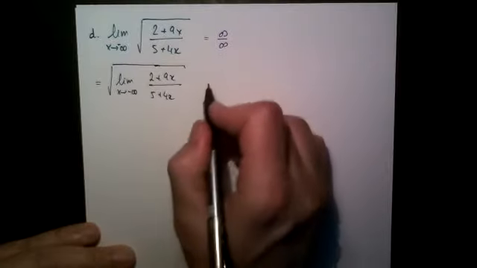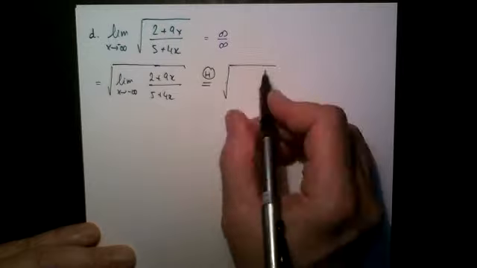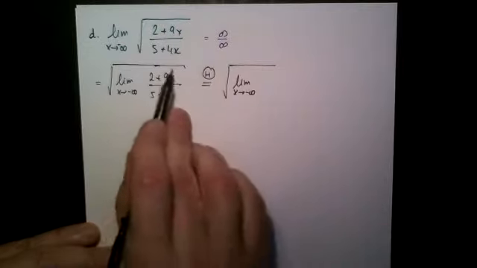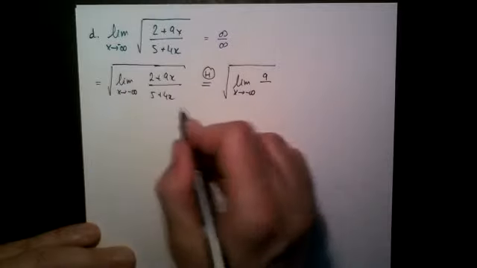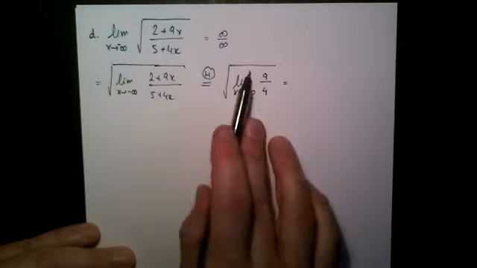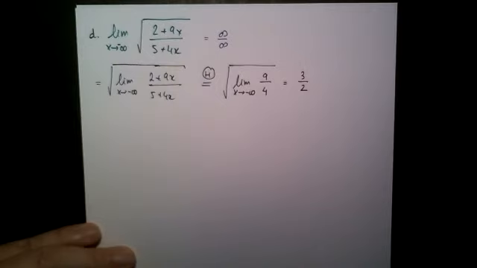And I'm going to do L'Hopital's rule. Derivative of the top is 9. Derivative of the bottom is 4. So it's just 9 over 4. Square root is 3 over 2. Easy stuff.